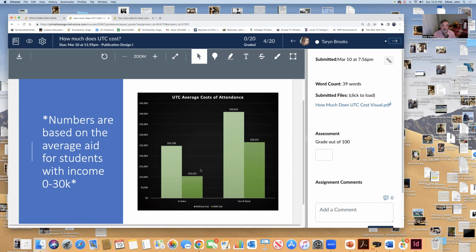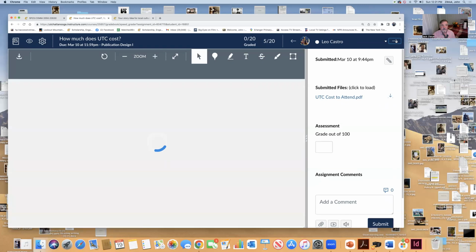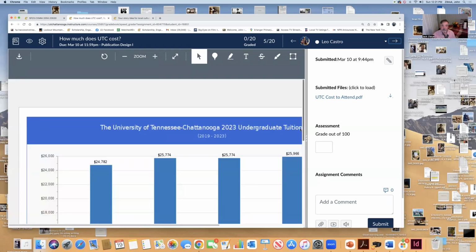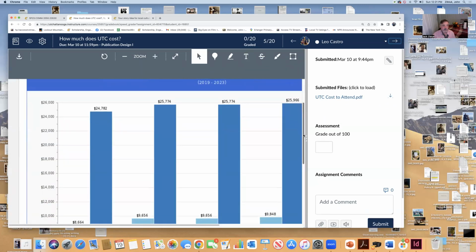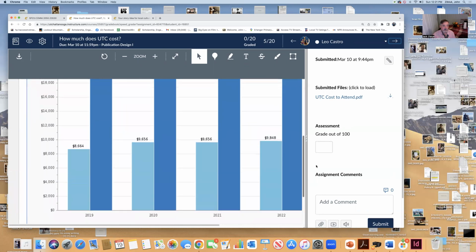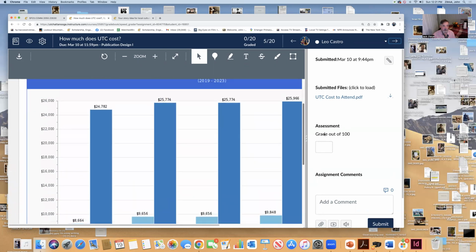In state and out of state, this pretty much says it. Now, this is tuition and fees, minor quibble there. Undergraduate tuition. Okay, we have it year by year.